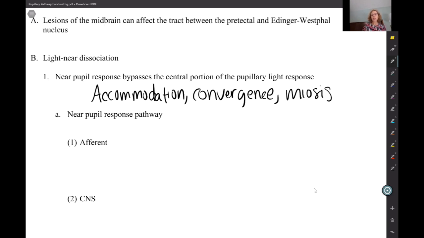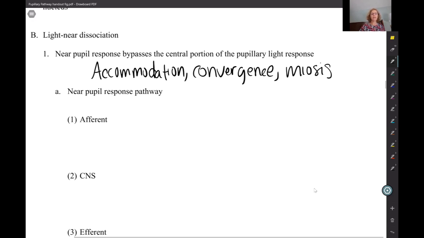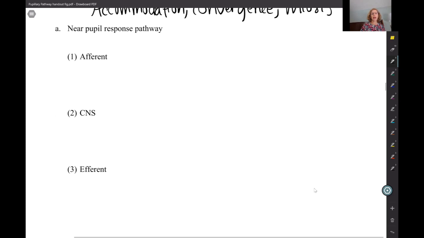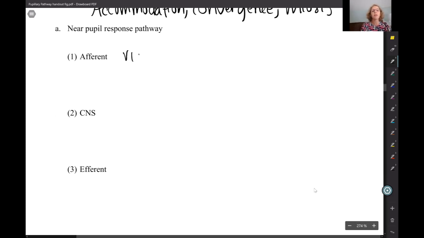The pathway that controls the near pupillary response is different from that of the light reflex pathway. It does have an afferent, central, and efferent portion. The afferent pathway follows the visual pathway.